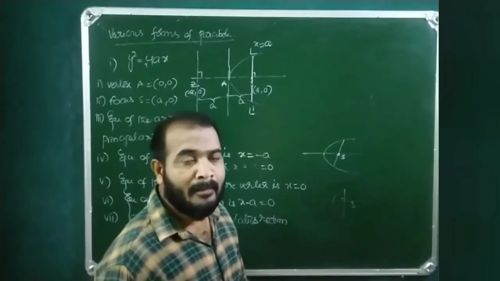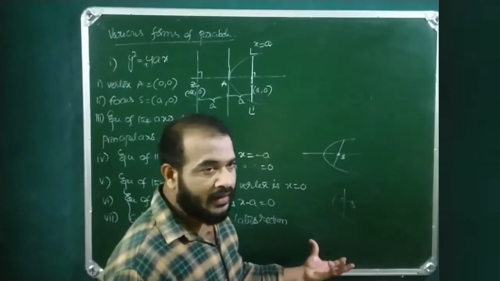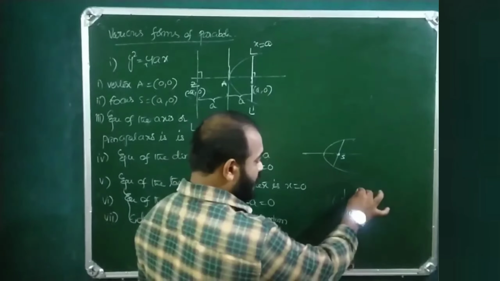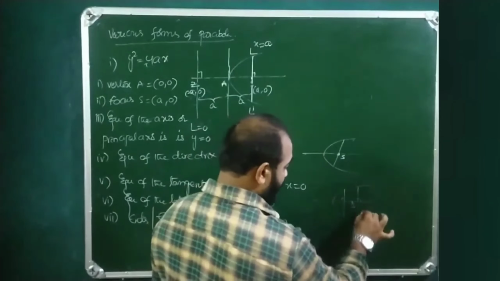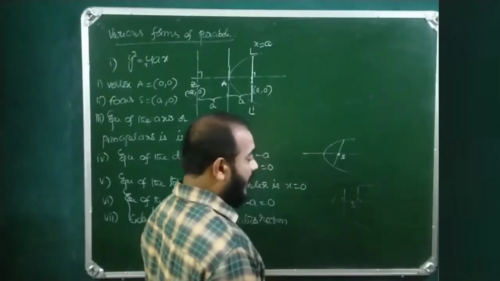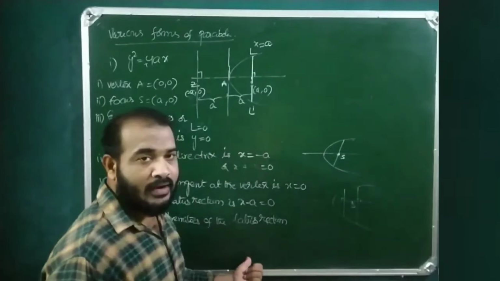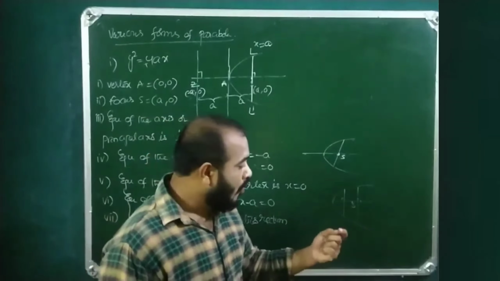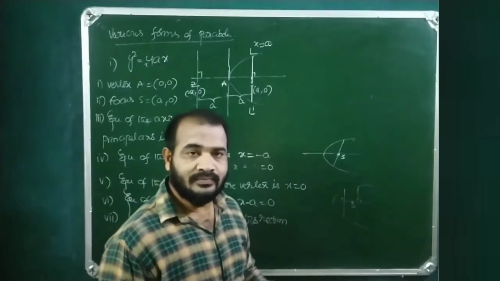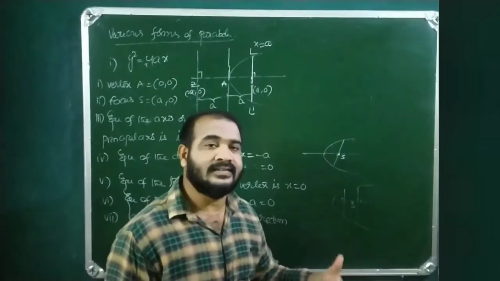So there may be infinitely many double ordinates possible. This is also a double ordinate. Likewise, this is also a double ordinate. And what is meant by latus rectum now? A latus rectum is a double ordinate passing through the focus. Double ordinate passing through the focus.